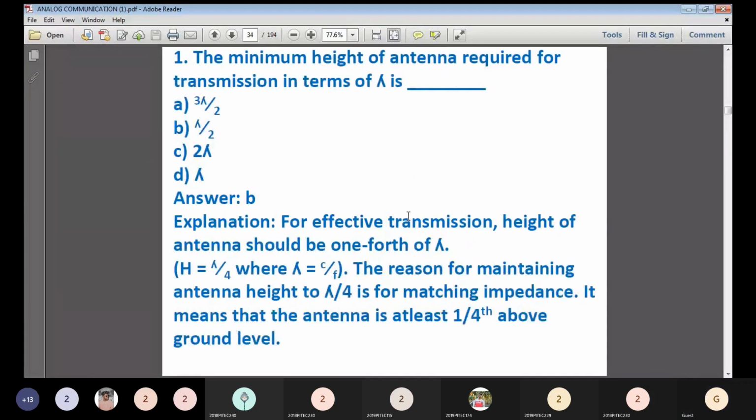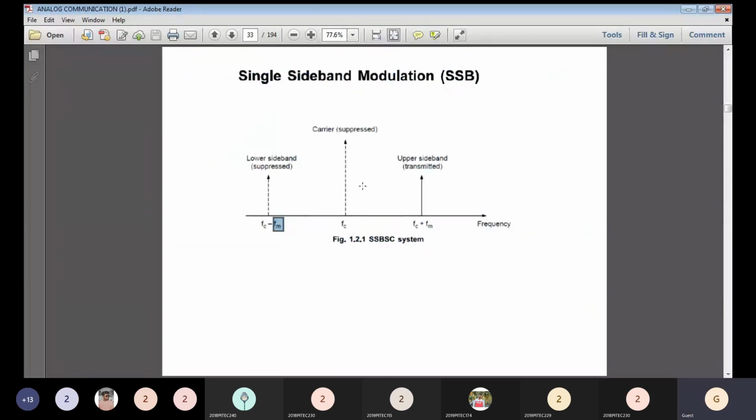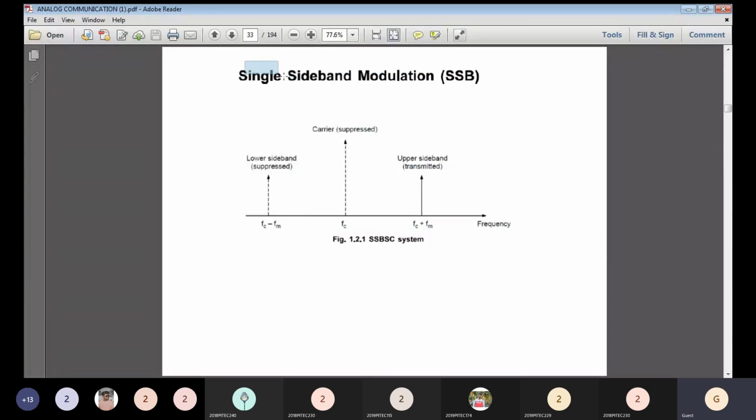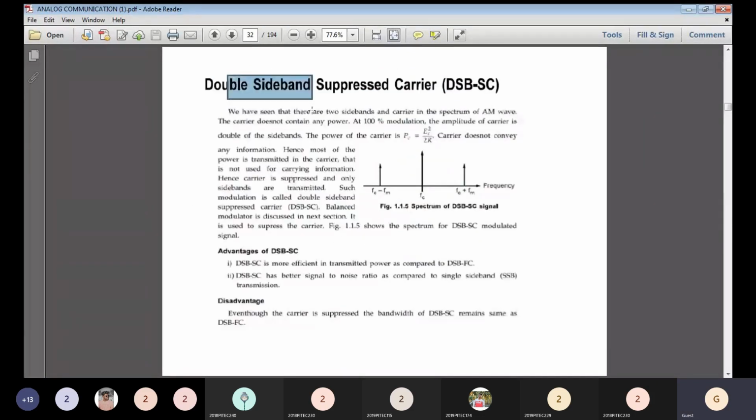Next, in between these two we have one more, that is vestigial sideband. What do you mean by vestigial sideband? In double sideband suppressed carrier, two sidebands are completely transmitted. In single sideband suppressed carrier, one sideband is completely suppressed and the other is completely transmitted. Between these two cases, we have one more case.